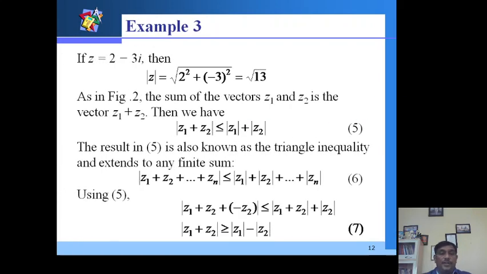Similarly, as in the figure, the sum of the vectors z1 and z2 is a vector z1 plus z2. Then we have mod z1 plus z2 is less than or equal to mod z1 plus mod z2.